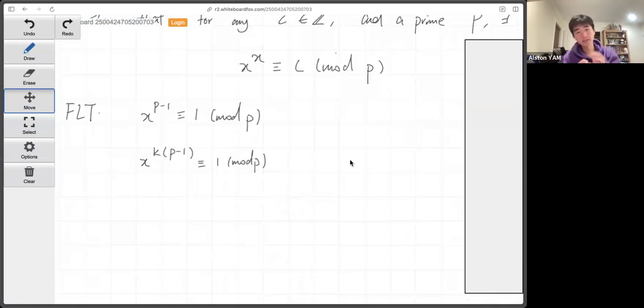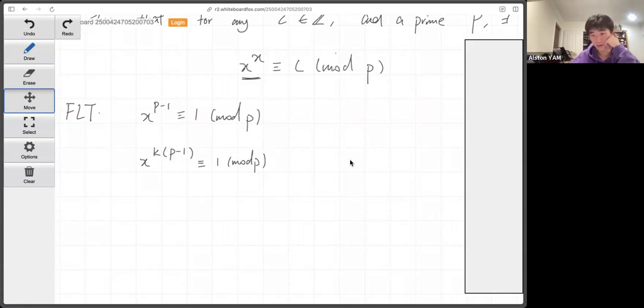So what does that mean? It just means that the exponent of x, when I do x to the x here, it only really matters if we look at the remainder when it's divided by p minus 1. So the power of x kind of cycles every p minus 1 times, right?